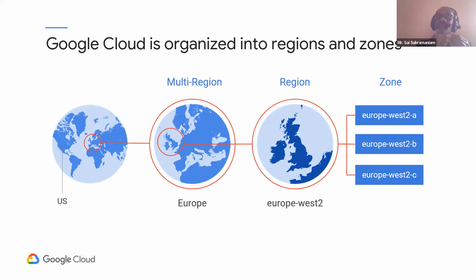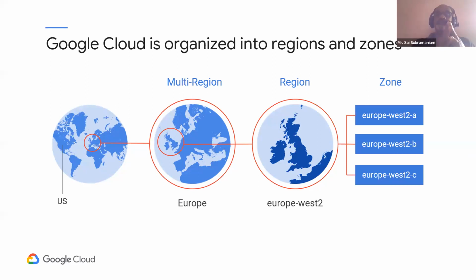Interestingly, the zones are interconnected with one another, and even the zone can be in the nearest building, or it can span a distance of more than 100 kilometers. So the zones are interconnected with one another, and the region can be divided in terms of zones. A region can have a minimum of 3 zones and a maximum of 4 zones.